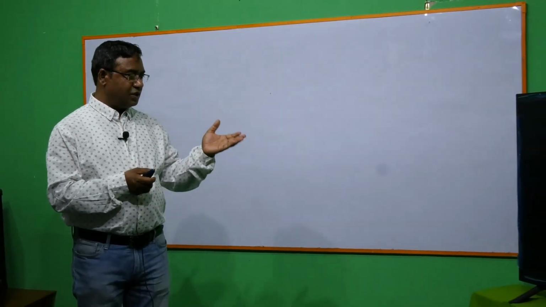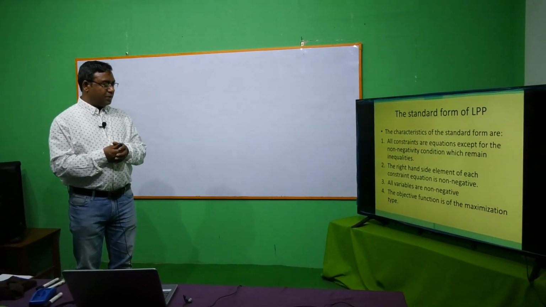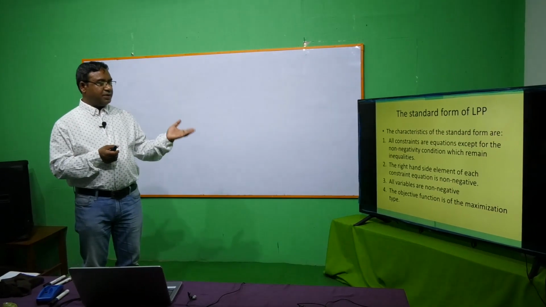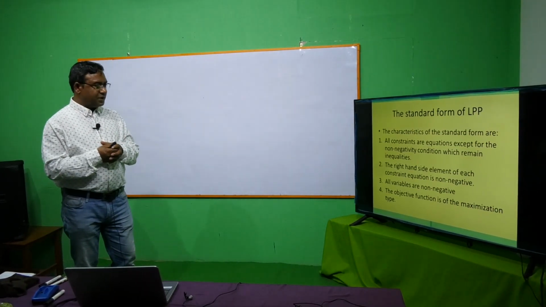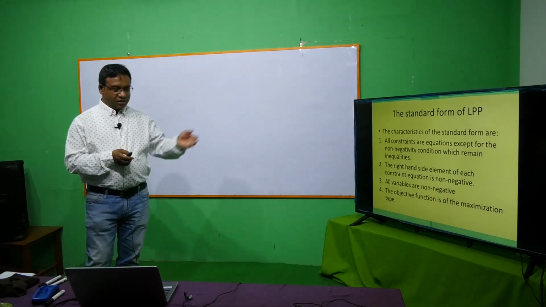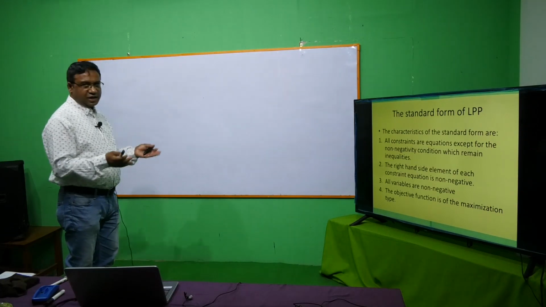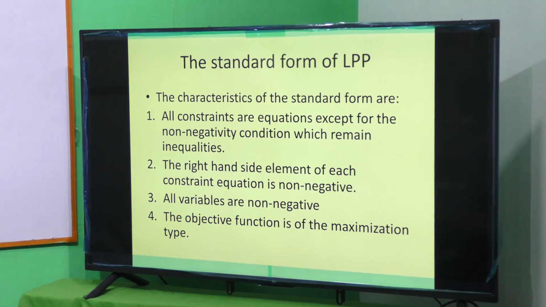Then the objective function is of the maximization type. In the LPP problem, the objective function may be maximization or minimization. If it is given in minimization form, then we have to convert it into maximization. Then the constraints may be less than or greater than. So first we have to put it in the standard form.